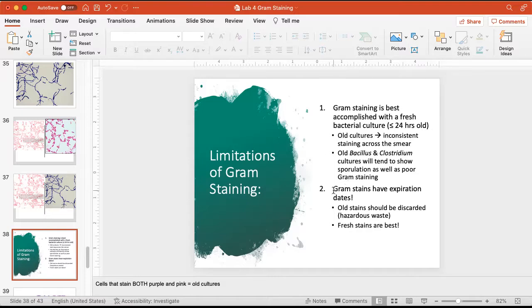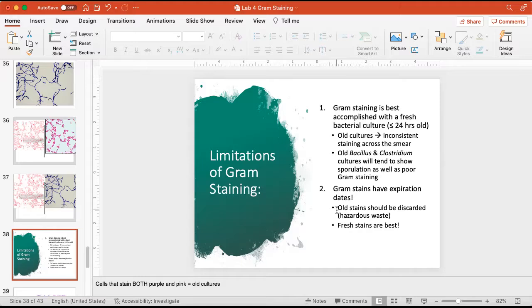Here's something else to remember, very practical. Gram stains themselves have expiration dates. In fact, all stains have expiration dates. And when we buy stains, we have to be sure to circle that expiration date on the container to remind us when it is no longer fresh enough to use.